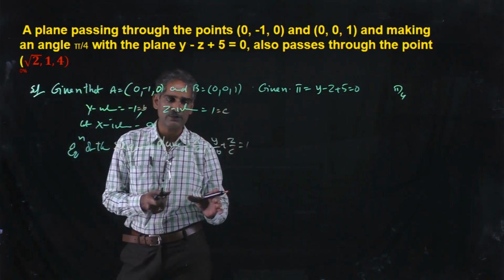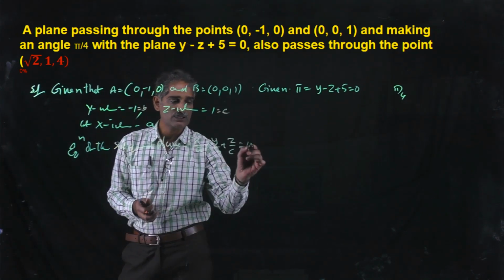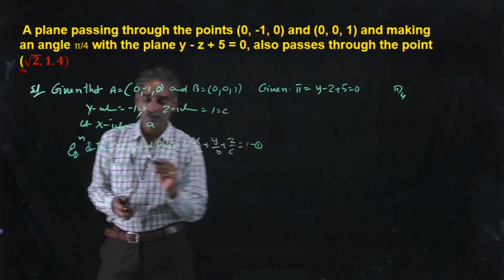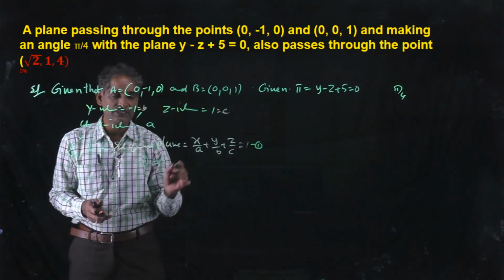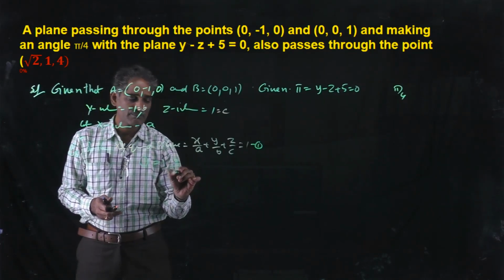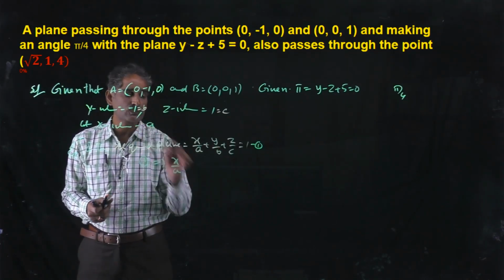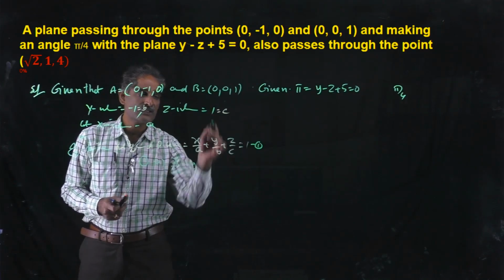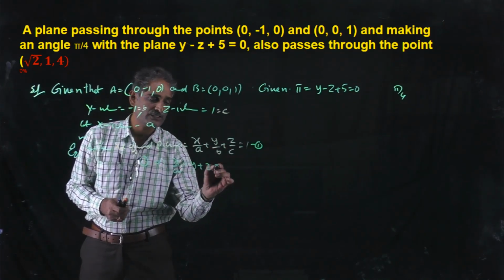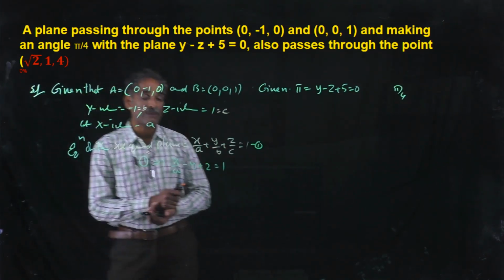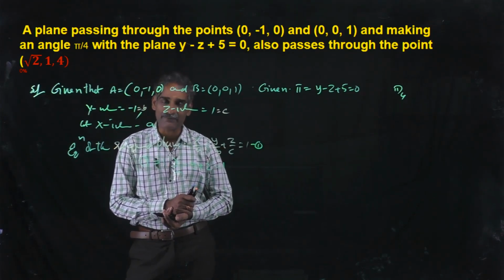Substitute these three values. This equation becomes x/a + y/(-1), that means -y, + z/1, that is z, equal to 1. This is the plane equation with unknown a.